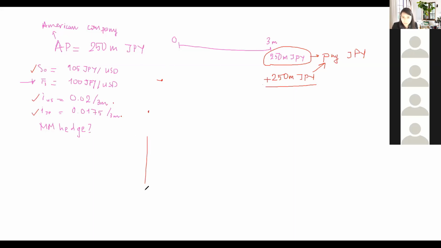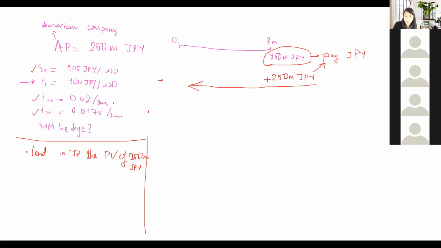So as a result, in my money market hedging instrument, I'm going to have a lending activity in Japan. How much do I lend? I'm going to lend the present value of 250 million Japanese yen. With a money market hedge, you would have two simultaneous transactions, one lending and one borrowing.